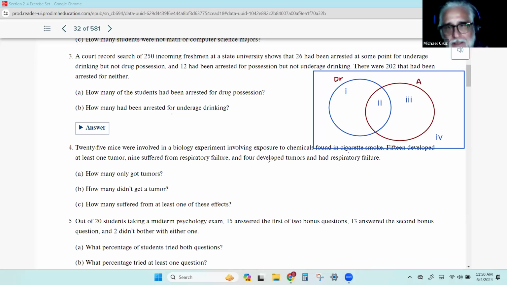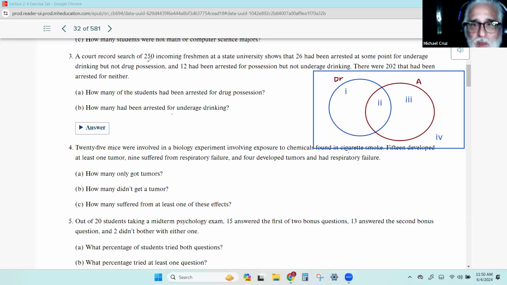Because what it says is, a court record search of 250 incoming freshmen at a state university shows that 26 had been arrested at some point for underage drinking, but not drug possession, and 12 had been arrested for possession, but not underage drinking. There were 202 that had been arrested for neither. Okay, let's see if we can fill in this thing.